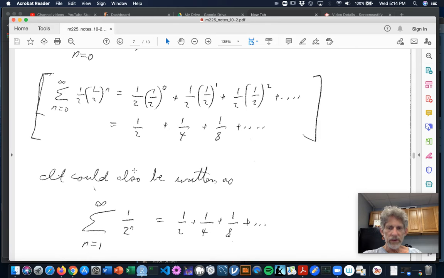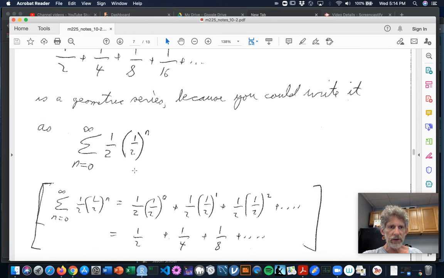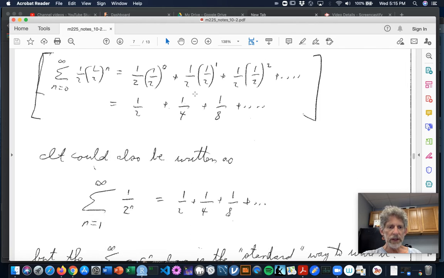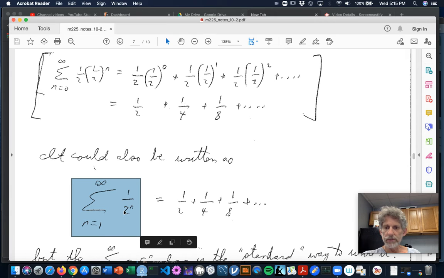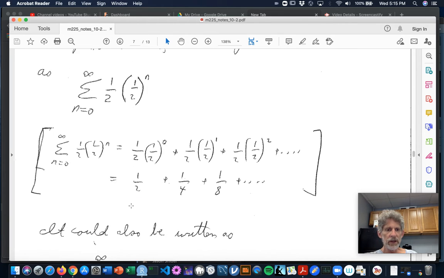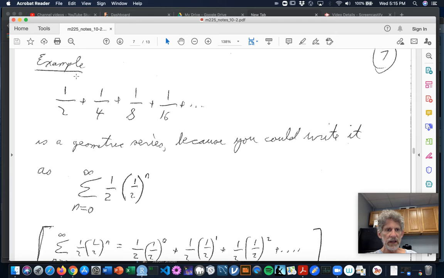Now this infinite series here could be written in alternate ways. You could write it as the sum from 1 to infinity of 1 over 2 to the n. In fact, I think that's the thing that would occur to most people first if they were asked to write it out in summation notation. They would probably choose this formula for what they see here.